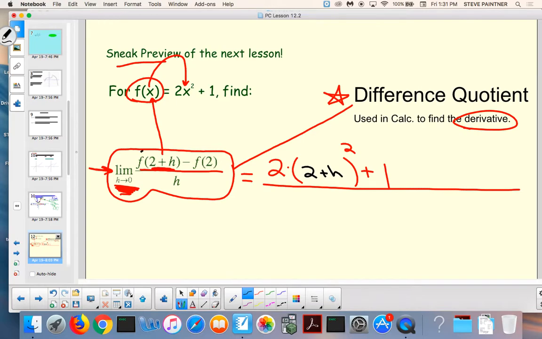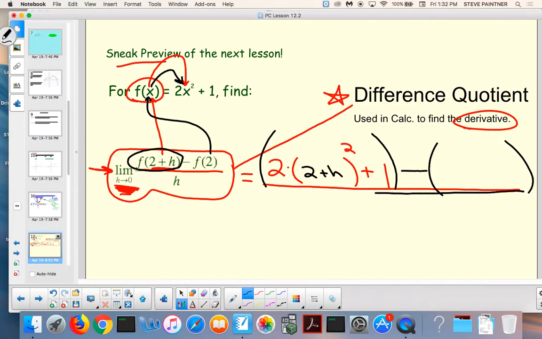That's the first part right here. Now it says to subtract what? What am I going to subtract? f of 2. Well, that means put the number 2 into your function, which means put it right in there. And by the way, since there's two parts to this, I better go this answer minus this answer. Well, f of 2 goes in here.